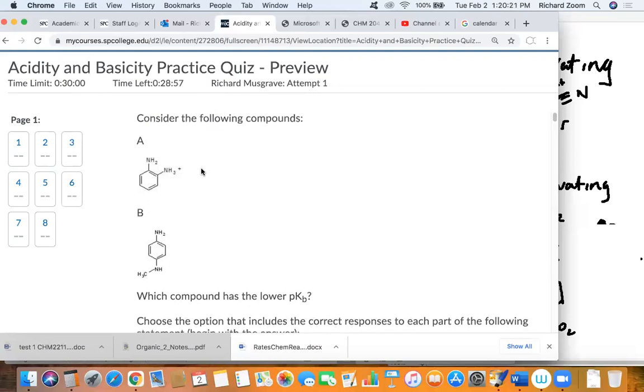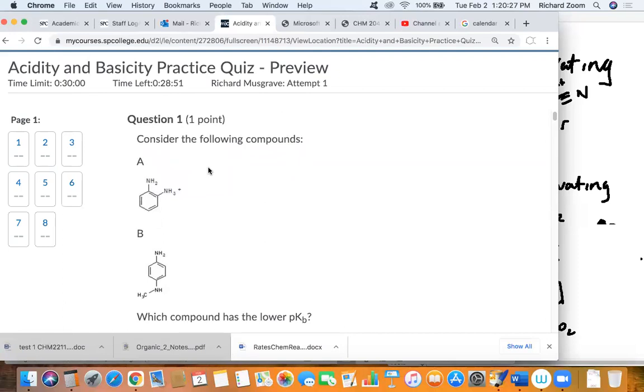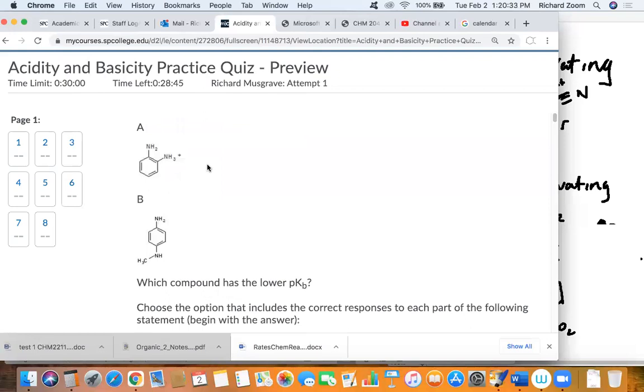Okay. So for this one here, which compound has the lower pKb? So we're looking for the one that's more basic. I don't know, that NH3 plus really shouldn't be there. That should be NH2. That's kind of annoying.